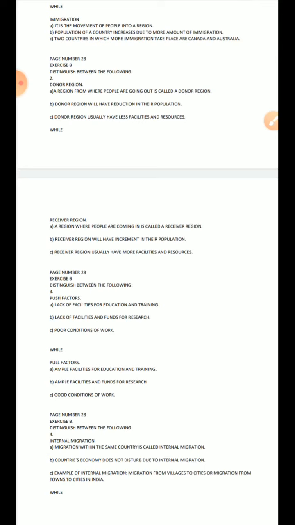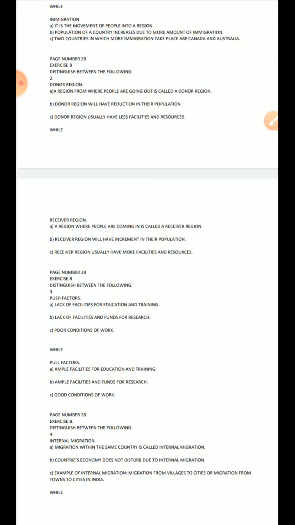So this is an identification, or these are the characteristics of a donor region. Now, for a receiver region: a region where people are coming in is called a receiver region. A receiver region will have an increment in its population. A receiver region usually has more facilities and resources. These are our 3 points for receiver region. Coming to the third distinguish, which is asking about push factors and pull factors.